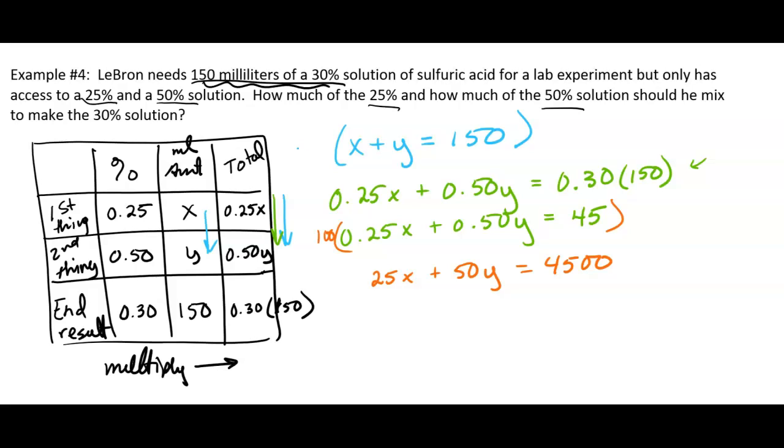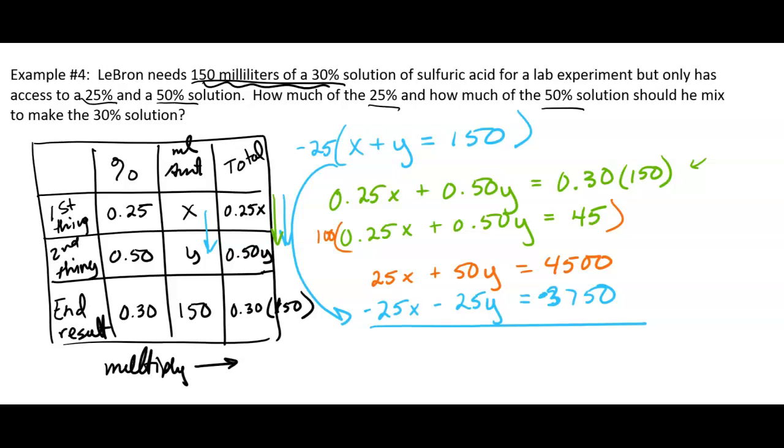So I'm going to multiply by negative 25, and that's going to give me negative 25x minus 25y equals, and then I have to know what 25 times 150 is. 3,750. And that is negative because I was multiplying by a negative 25. So I'm doing this by elimination. Usually that's the easy way to do this. You could have used substitution though.